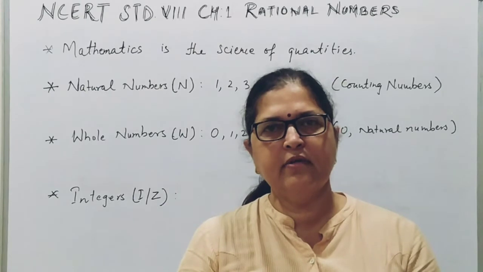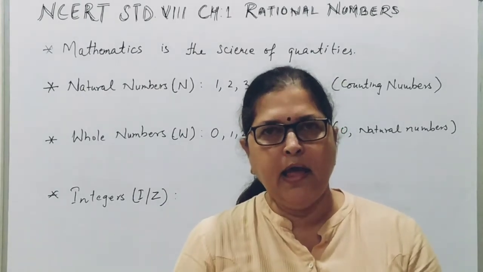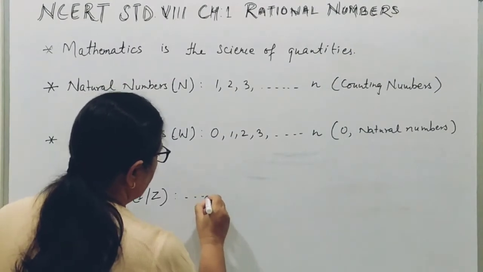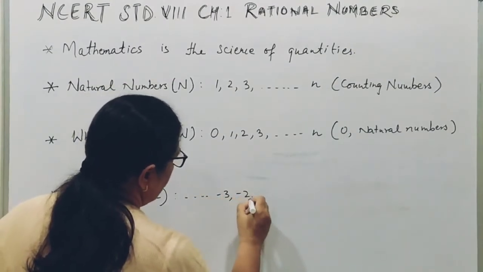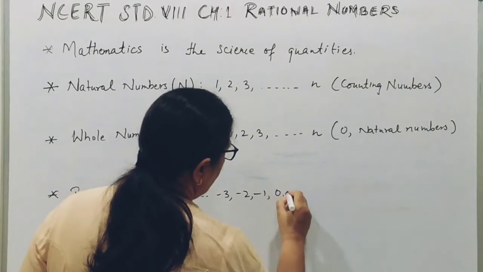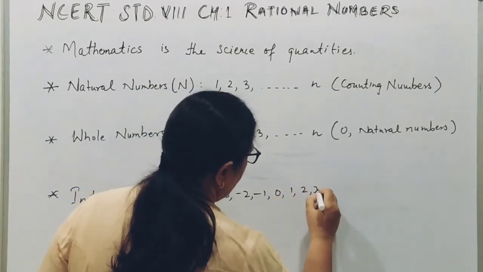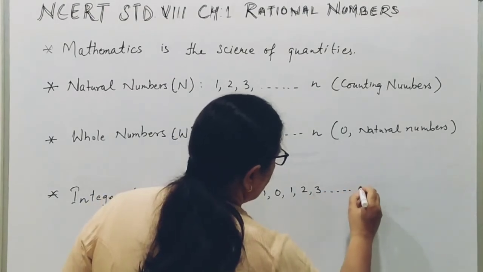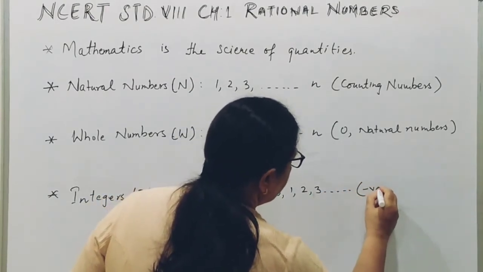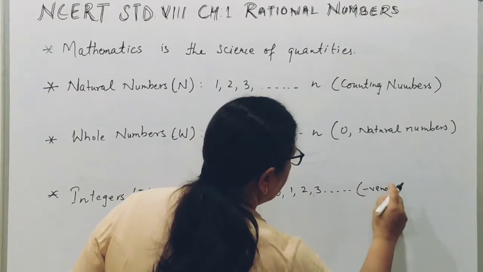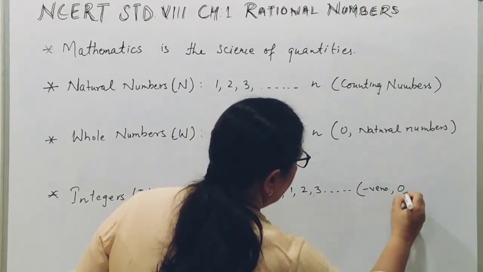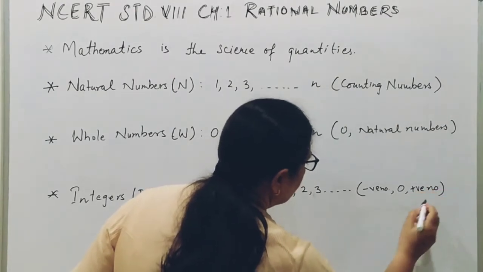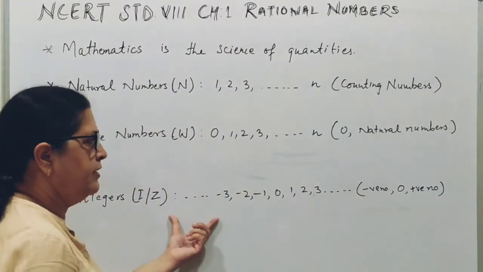And the set of integers is denoted by I or Z. So negative numbers, 0 and positive numbers together make a new set which is known as set of integers.